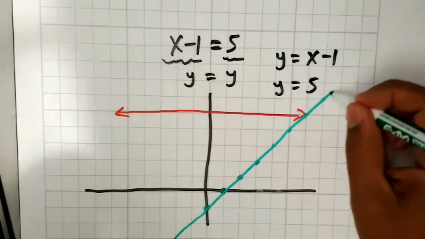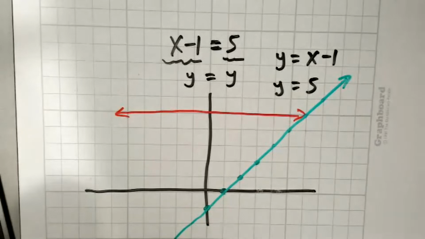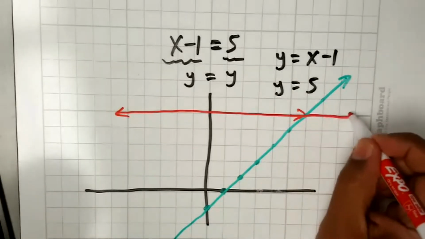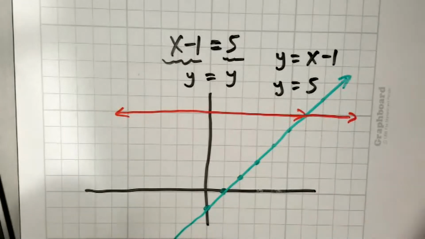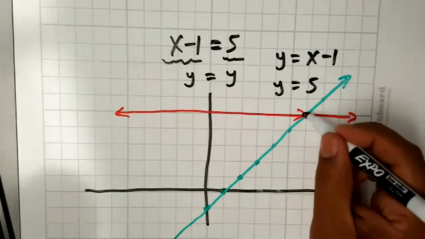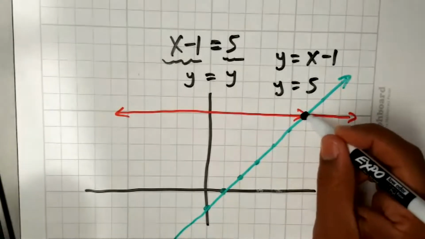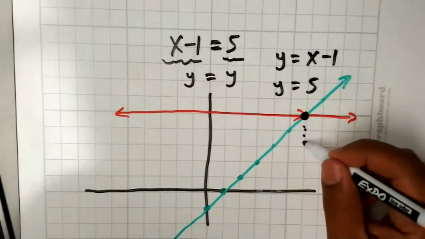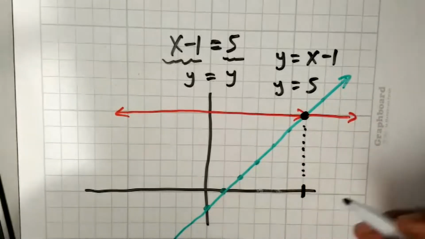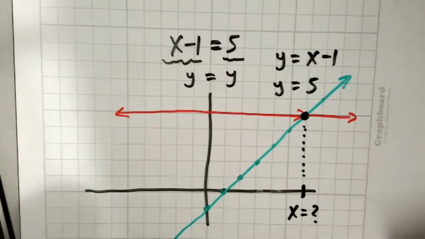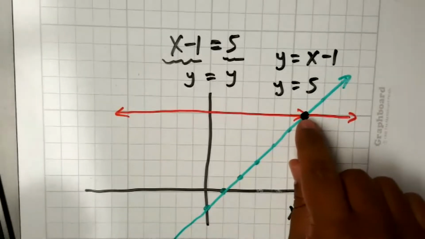So I have this line, and then I have the other line. And then I say, oh, hey, look, they cross right there. So what we're really asking is, what is the x value when the y values are the same?